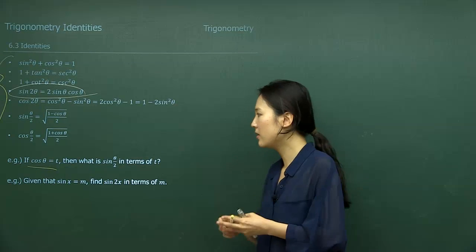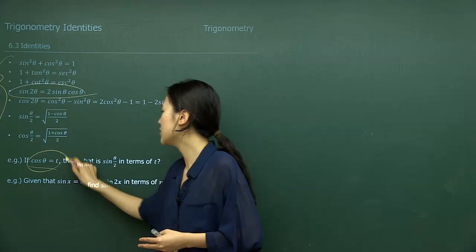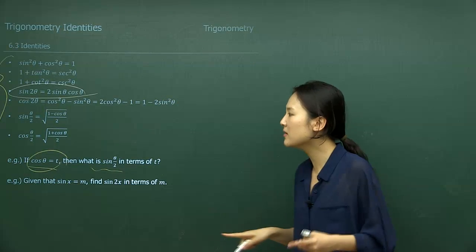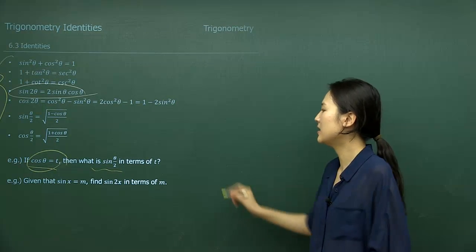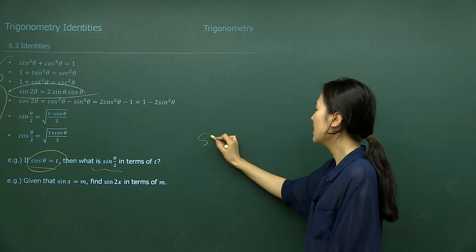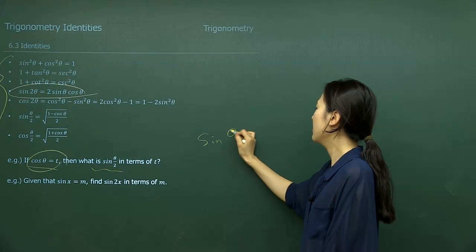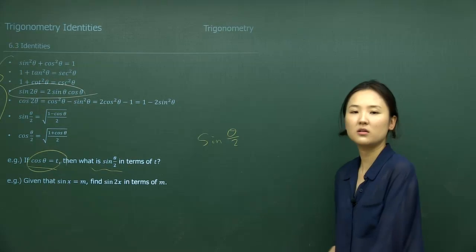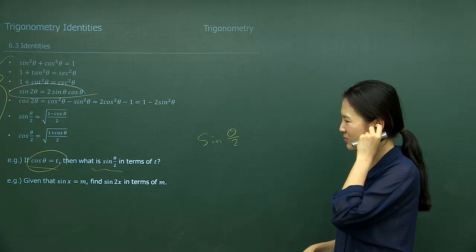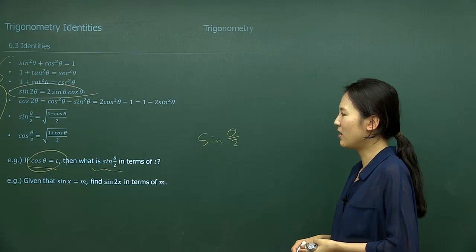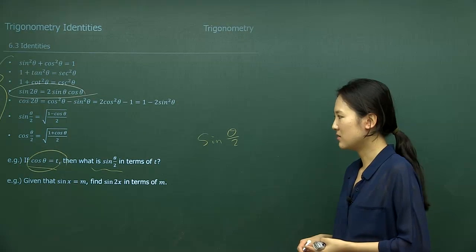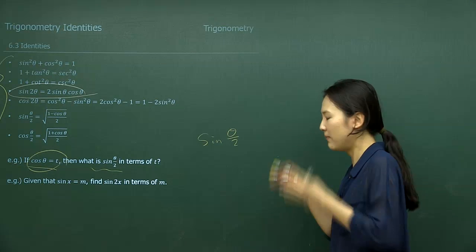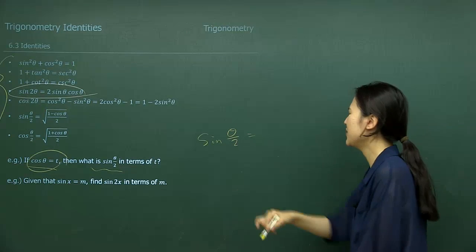But if we ever see questions where the calculator is not going to help us, then you have to use the identity. So for this question, if you don't know what the half angle identity is, then there's nothing else you can do. Well, actually, you can plug in a number and guess and check, but it will take a little bit longer. Anyways, this is much easier.